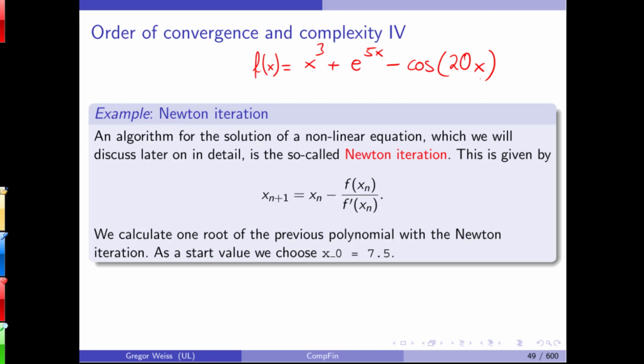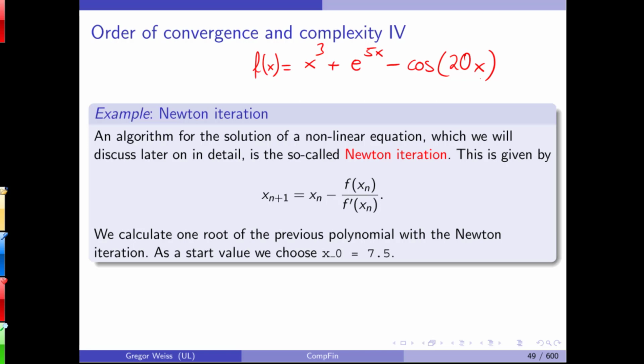If this were a linear function, you could try to solve this on a sheet of paper. Now this is a nonlinear function. What do you do? You might have seen this already in school. You can use the Newton algorithm, the Newton-Raphson algorithm or Newton iteration. You only need to make sure that you can build the first derivative of the function.